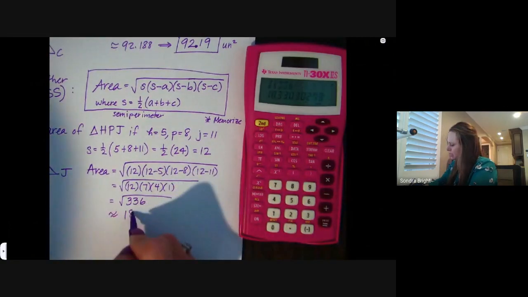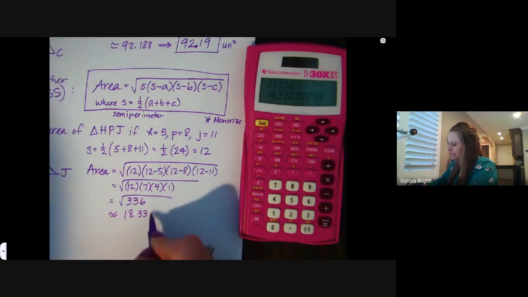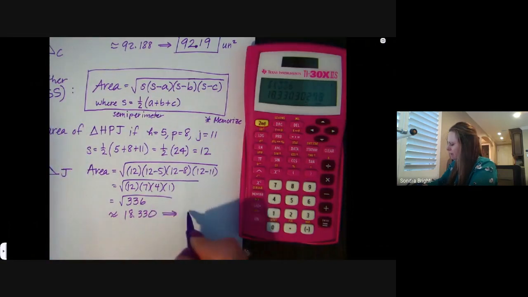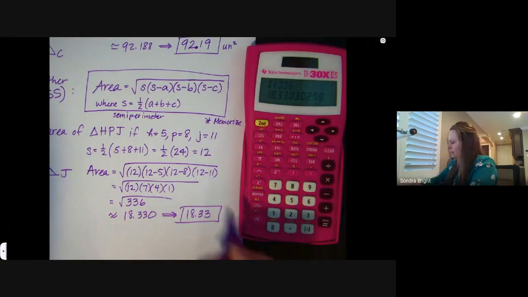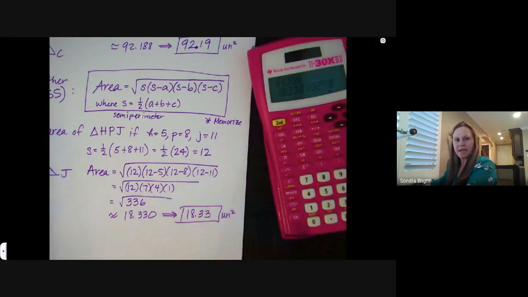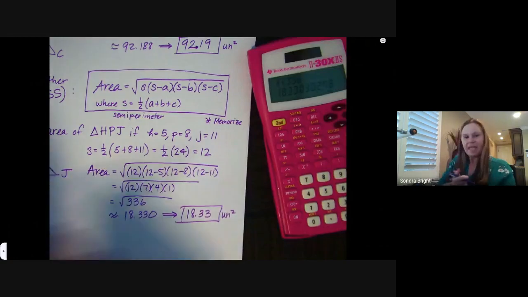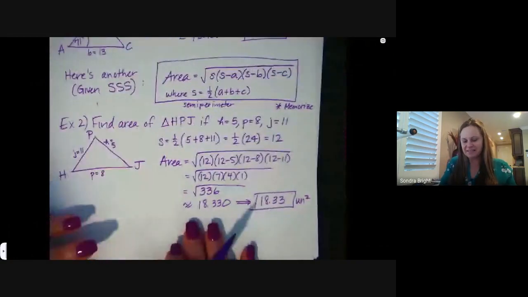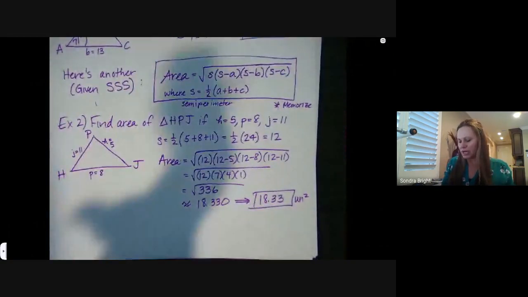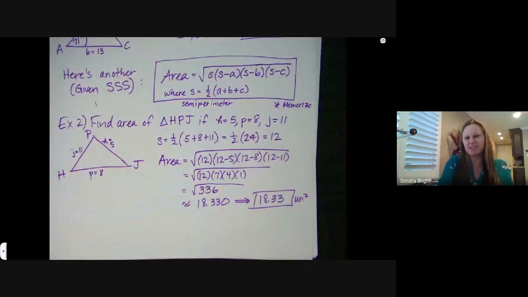So if I'm going to two decimal places, that would be 18.33. That's your area. Whatever the units would have been, it would have been square units because we're talking about area. And there you go. That is how you find the area of triangles that are not right, where it's not obvious what the height is. If they don't give you the height, that's how you find it.